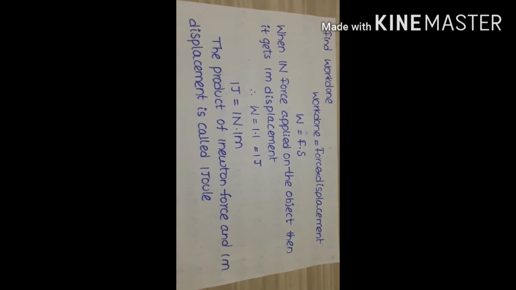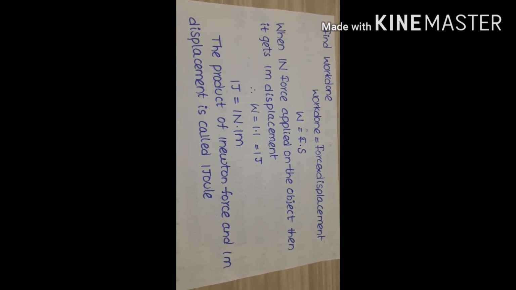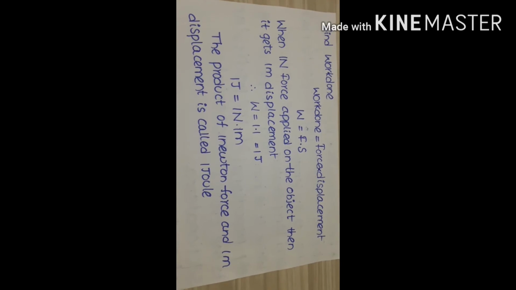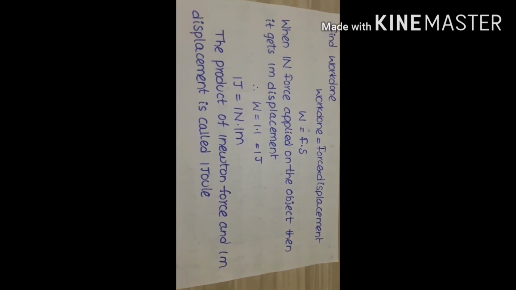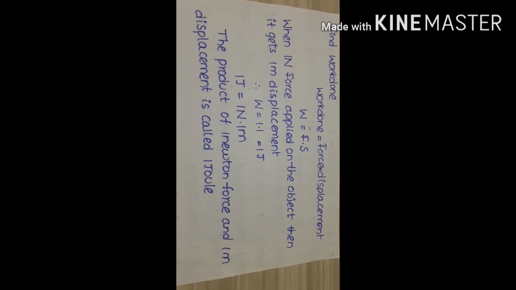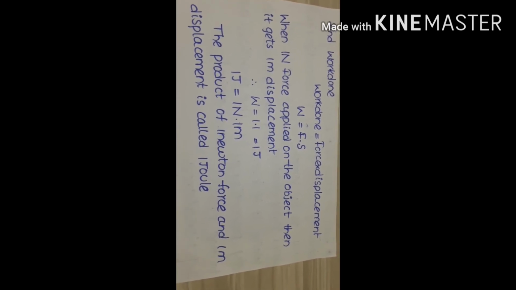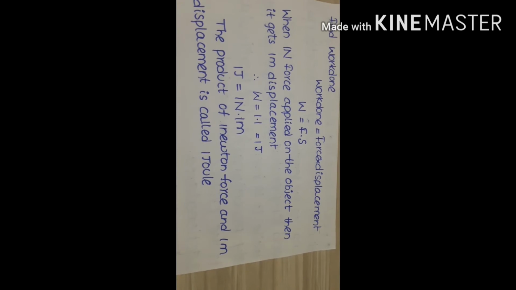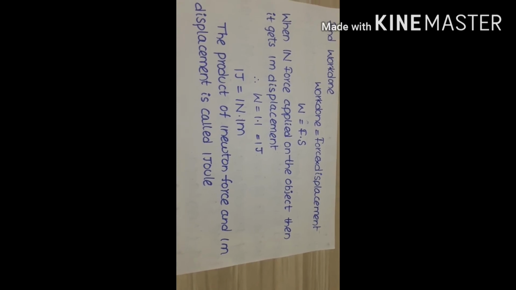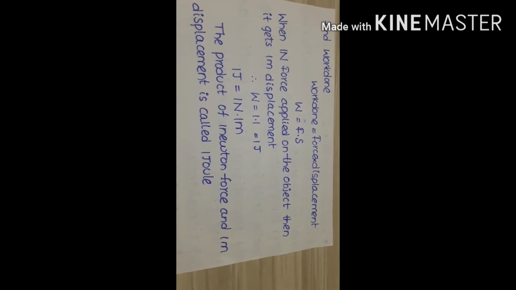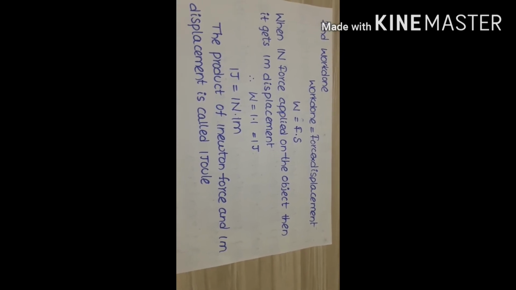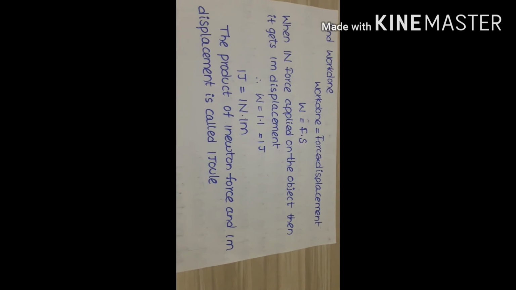Work done equal to force into displacement, W equal to Fs. When 1 Newton force is applied on the object, it gets 1 meter displacement. So W, with F equal to 1 and S equal to 1, work is 1 joule. So 1 joule equal to 1 Newton into 1 meter displacement.